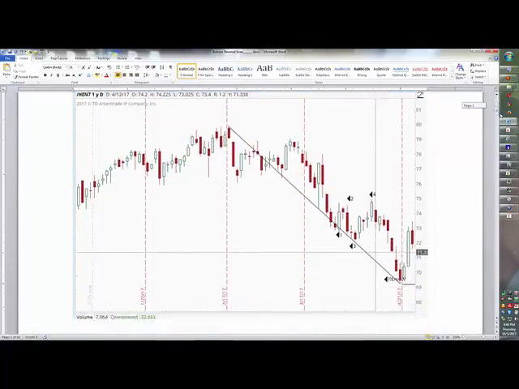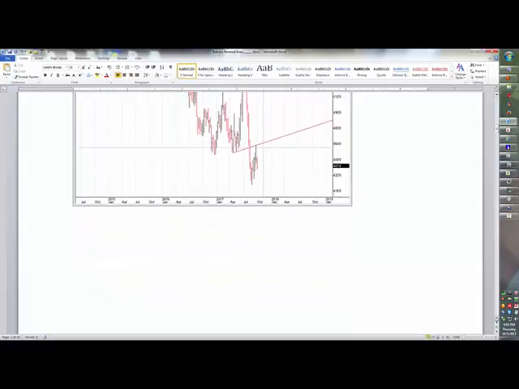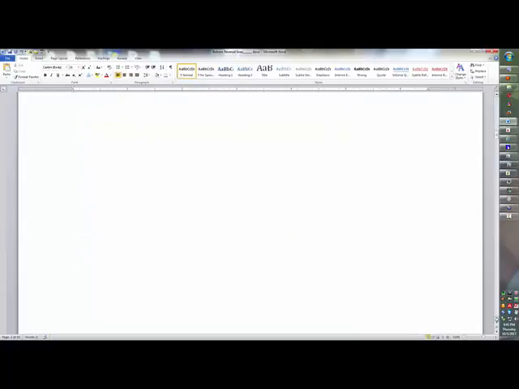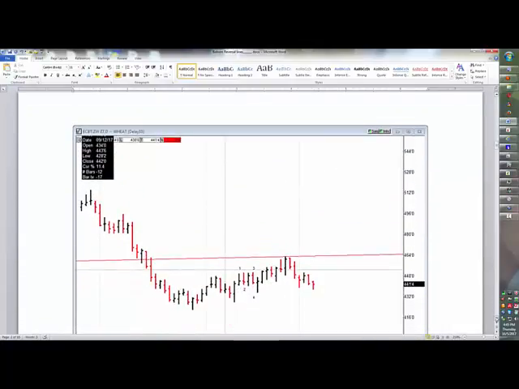Okay, let's look at another example. Here's the wheat, for example. Now, in the wheat, we can see here that we have an R2P. This is a weekly chart, and let's take a look at the daily. And here's your daily chart.